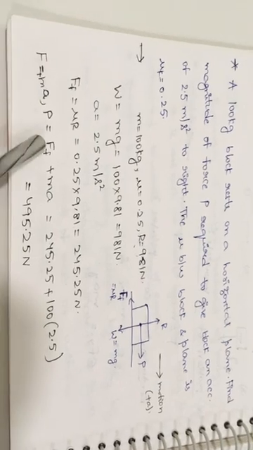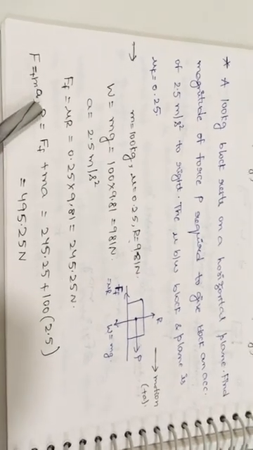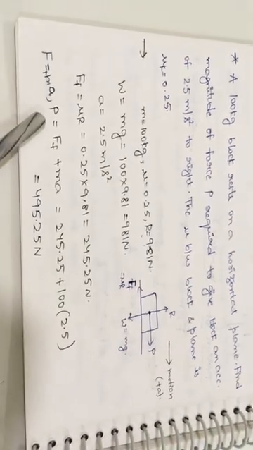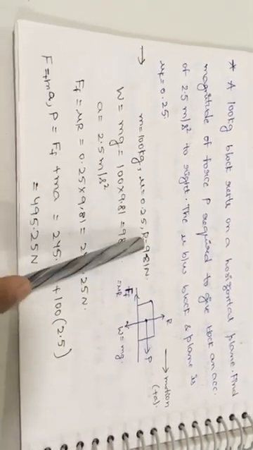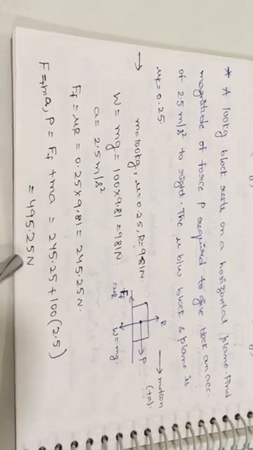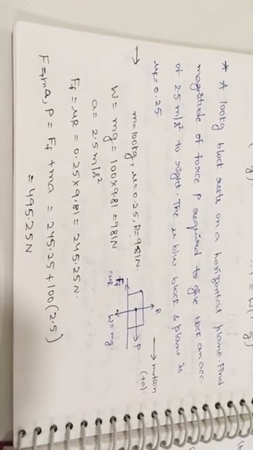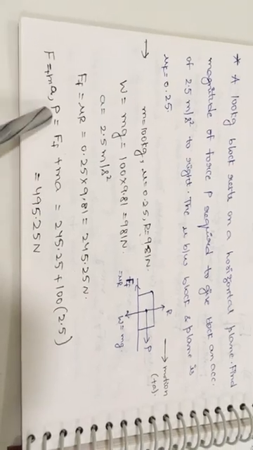From that equation you make P the subject. We need to calculate the P force magnitude only. So make P the subject and substitute all the calculated values in that equation. You will get the value for the P force. So this is the problem and diagram, free body diagram and formulas, and according to Newton's second law we have calculated the P force.